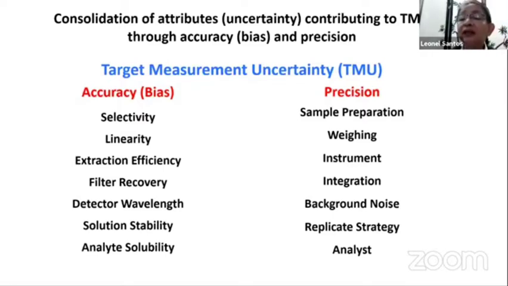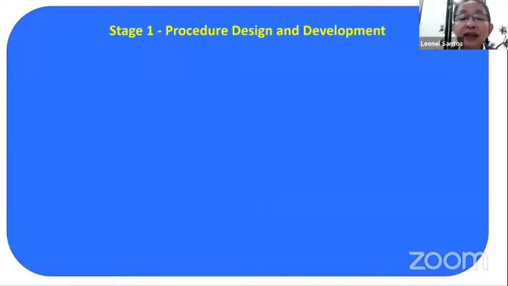You notice that the factors listed for both accuracy and precision are not limited to only the internal to the method, but also external to the method, which covers both the methodology and also the sample.